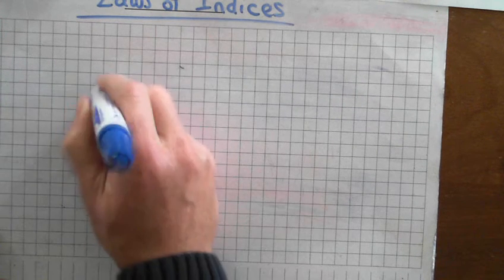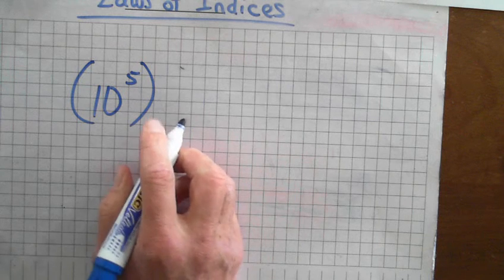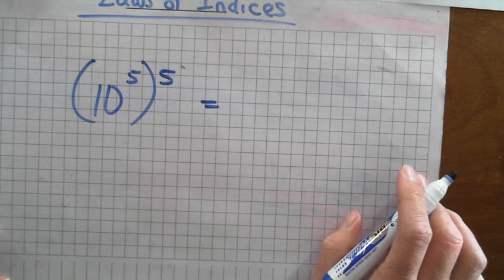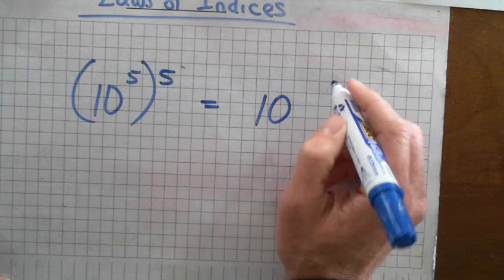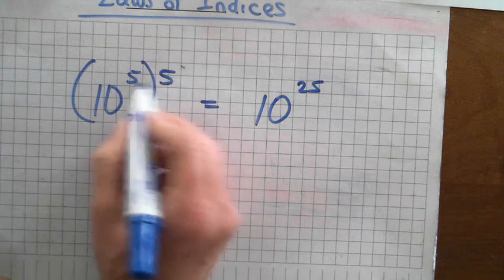This is part of law number 3. 10 to the 5, brackets, 5 again. So 10 to the 25. Brackets mean multiply.